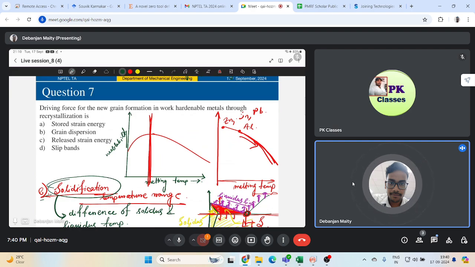What is the driving force for the new grains in work hardenable metals through recrystallization? What is recrystallization?